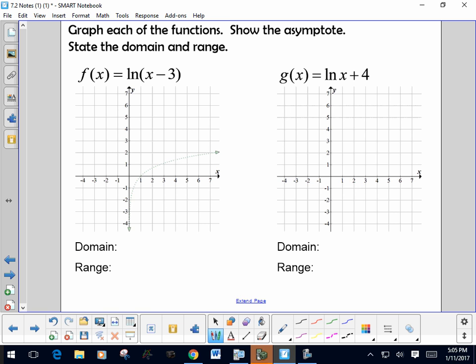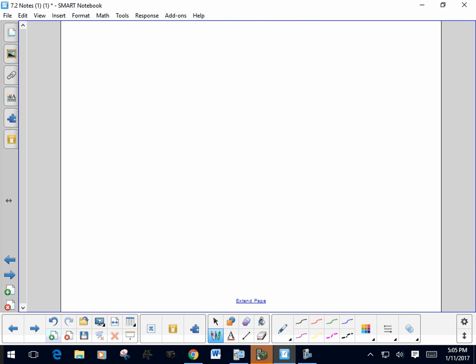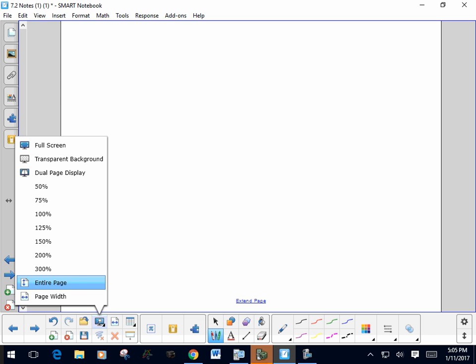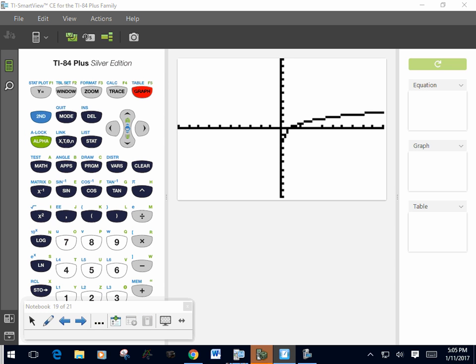So it has, where's my pen? It has this asymptote. It's going to continue really close to that asymptote and then up and over.